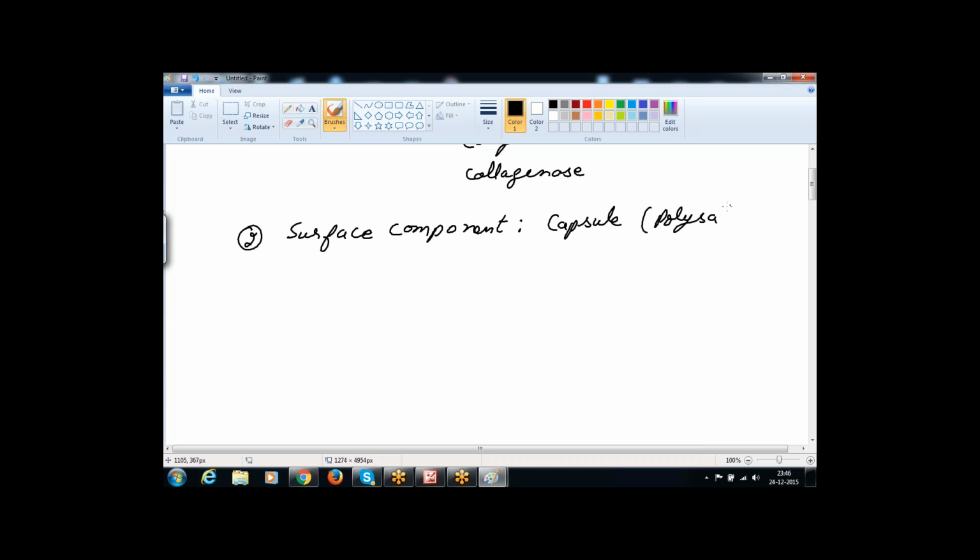This is an exam question. What is the bacterial capsule made up of? Some bacteria have it, not all.